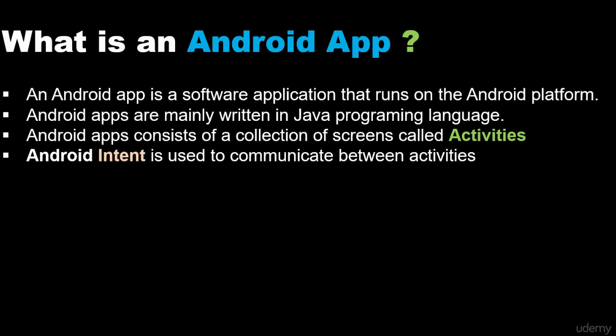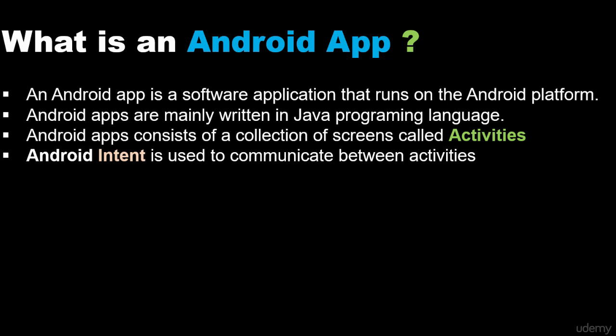So an Android intent is basically a simple message object that is used to communicate from one activity to another. So you can use an Android intent to transfer data between activities.